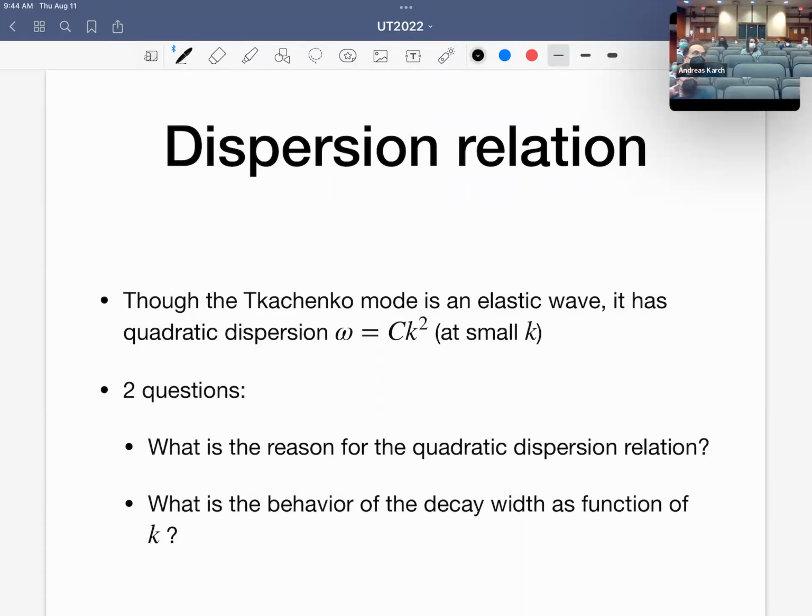Does this mode know about the direction of rotation of the superfluid? The dispersion relation has no information about the direction of rotation at all.